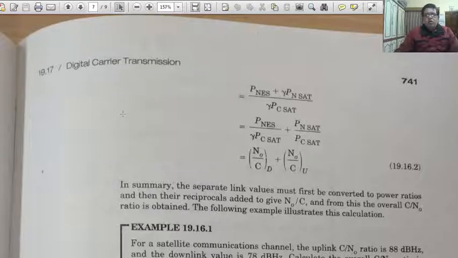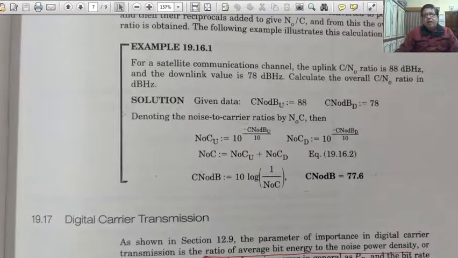And this is shown in the following example, where for a satellite communication channel, the uplink C upon N0 ratio is 88 dBHz and the downlink value is 78 dBHz. Calculate the overall C upon N0 ratio in dBHz. Given data: C/N0 uplink in dB equal to 88 and C/N0 downlink in dB equal to 78.